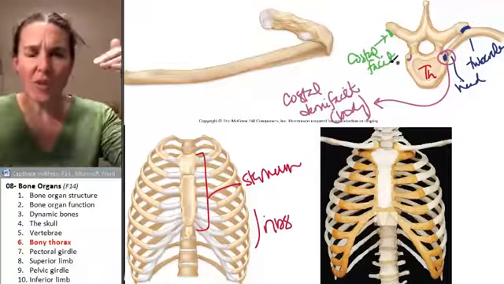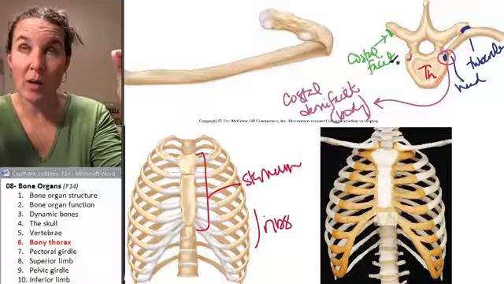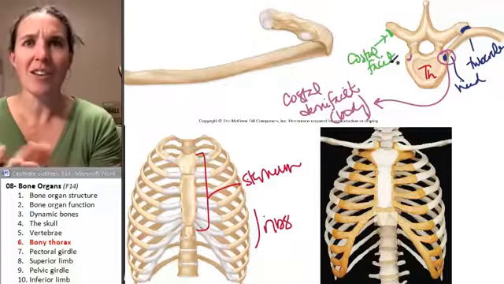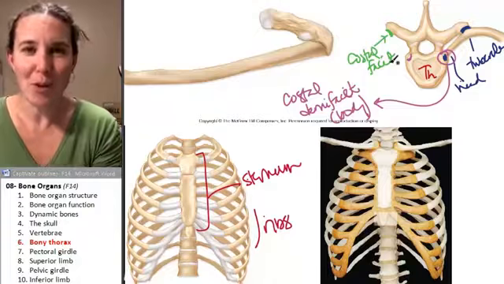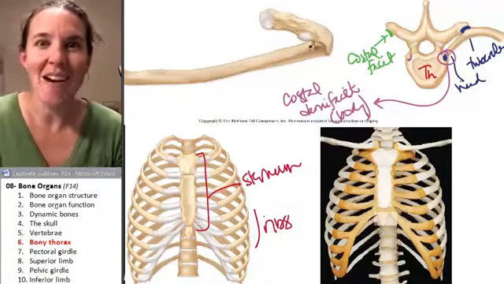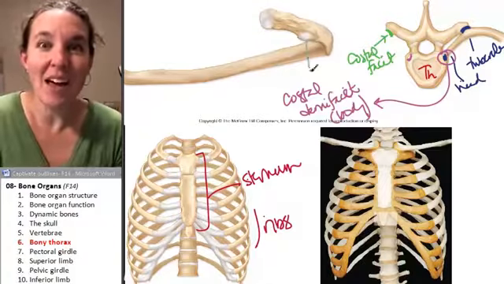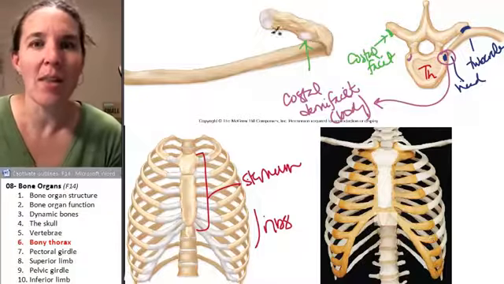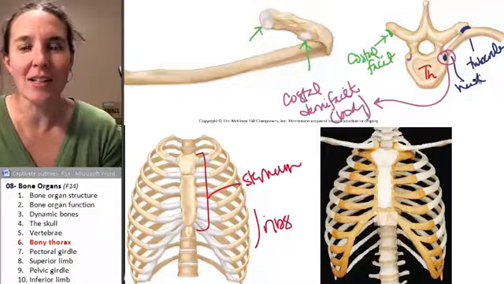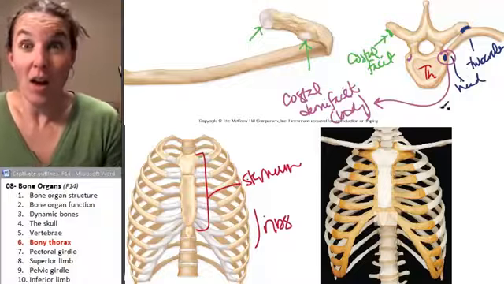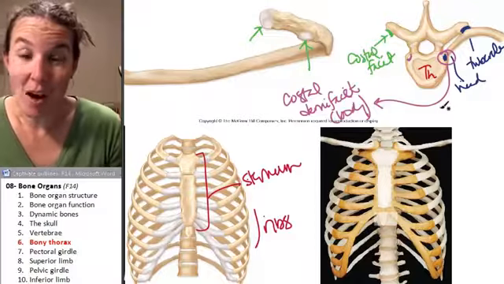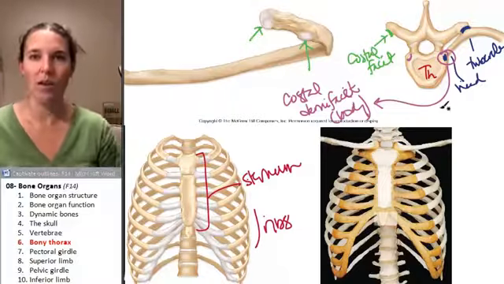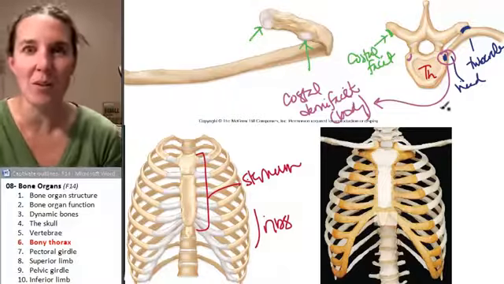The costal facet on the transverse process of the thoracic vertebra articulates with the tubercle of the rib. The head of the rib articulates with the costal demifacet on the body of the thoracic vertebra. Whoa! Write that down in one little mouthful.